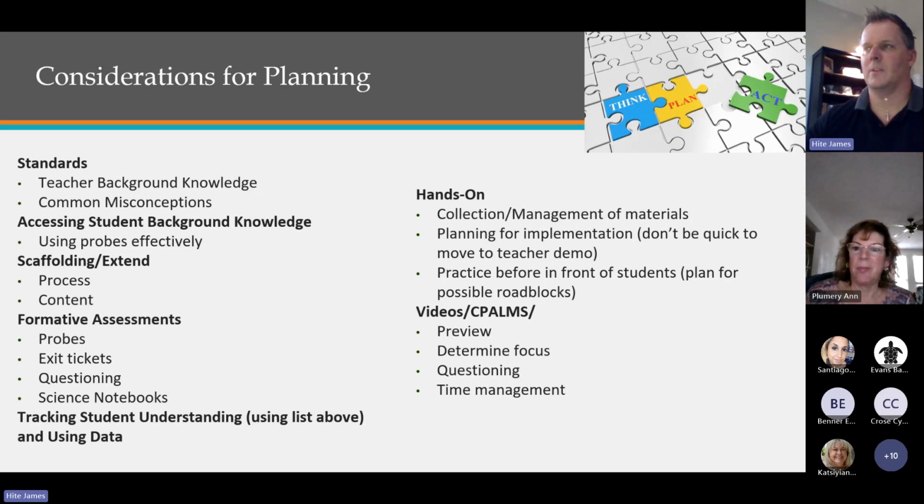These are things to think about when you're planning. We lay a lot of stuff out: the PowerPoint, the framework, the student pages. We lay it out as best we can because we know time is short, but there is a little bit of planning on your end to make sure everybody is getting those standards and being successful.